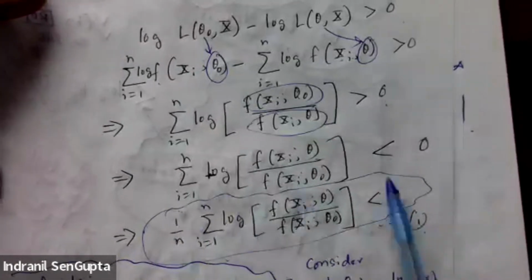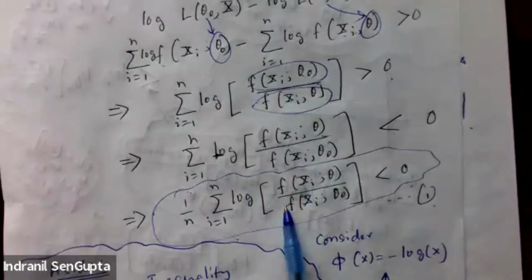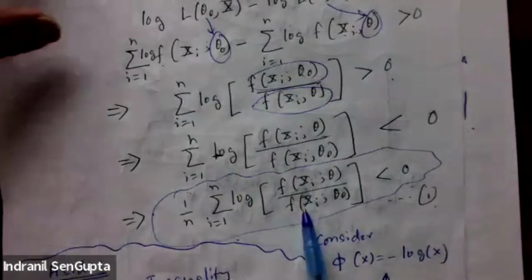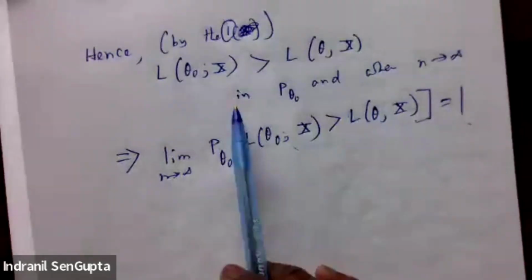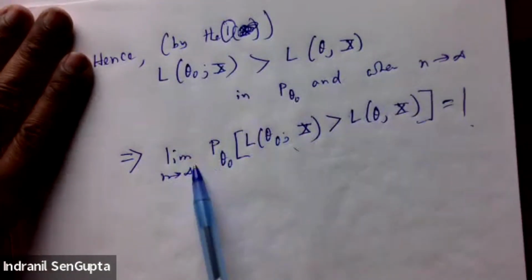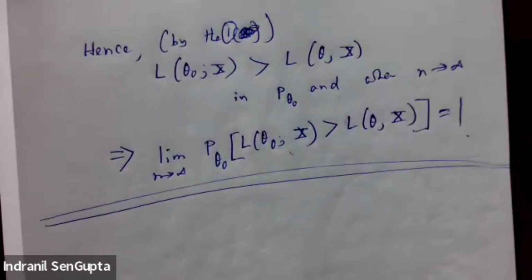We started off with this one, and we showed that as n goes to infinity, in probability, this is true. Another way of writing the same thing is this one. That's it. So this is how we prove this.